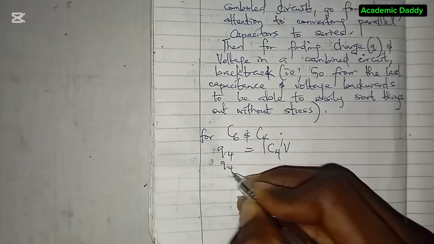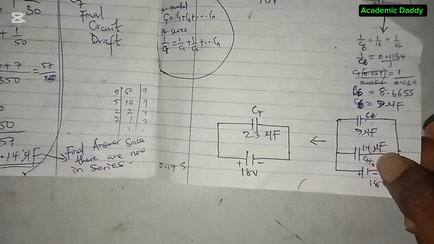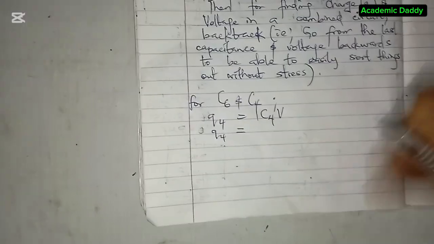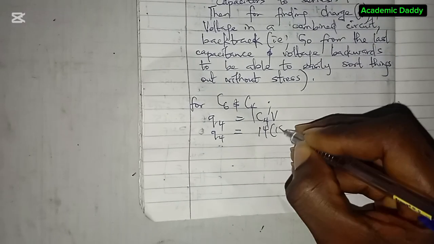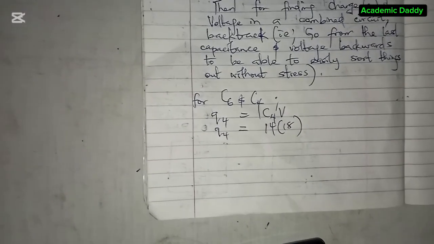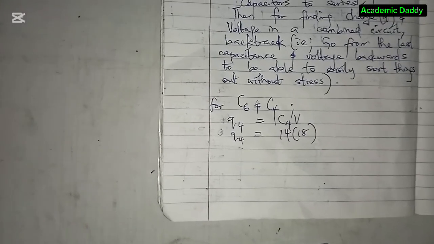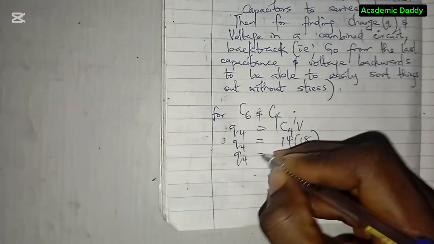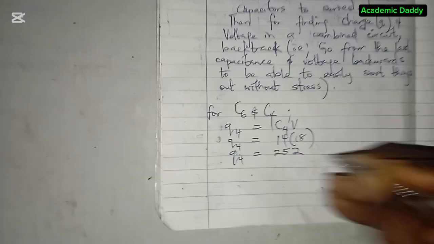Q4 will be equal to C4. The capacitance on the fourth one is 14. So 14 times 18. So Q4 is equal to 252.